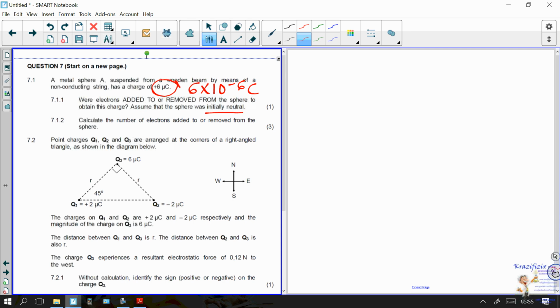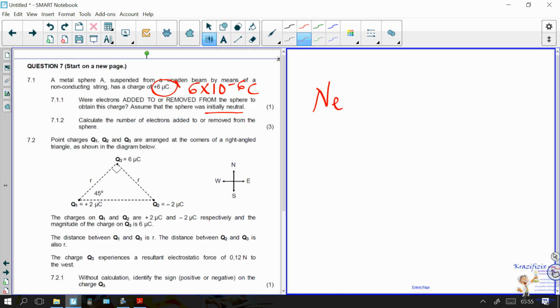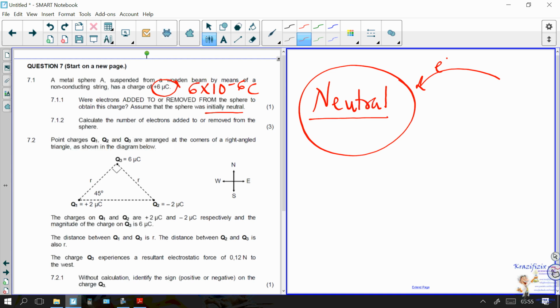Okay, let's check. My sphere was initially neutral. If you go back to the first video again, this question was answered. If we add electrons, because electrons are negatively charged, my sphere becomes negative, because it has more electrons.